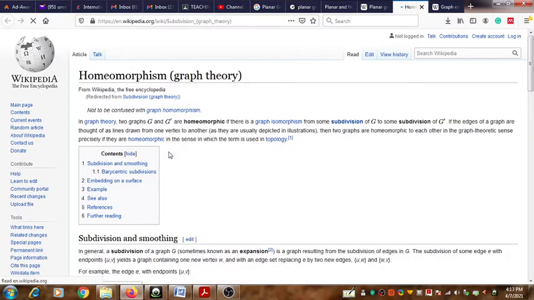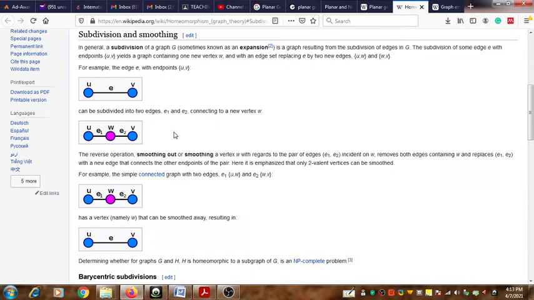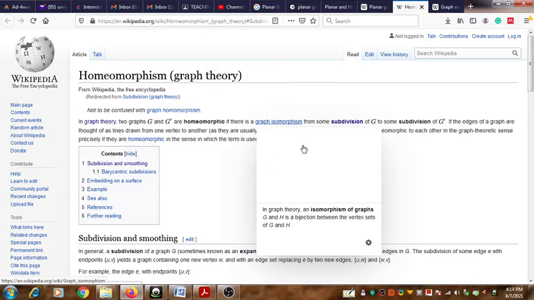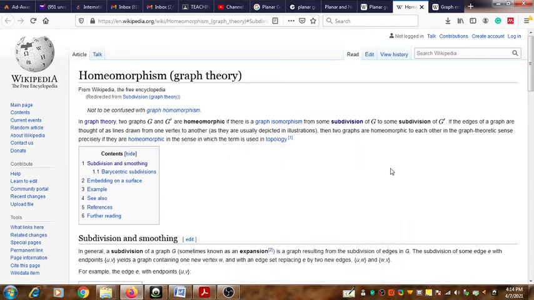Let's take the complete definition of subdivision. Homeomorphism is explained here. Two graphs are homeomorphic if there is a graph isomorphism from some subdivision of G to some subdivision of G prime.